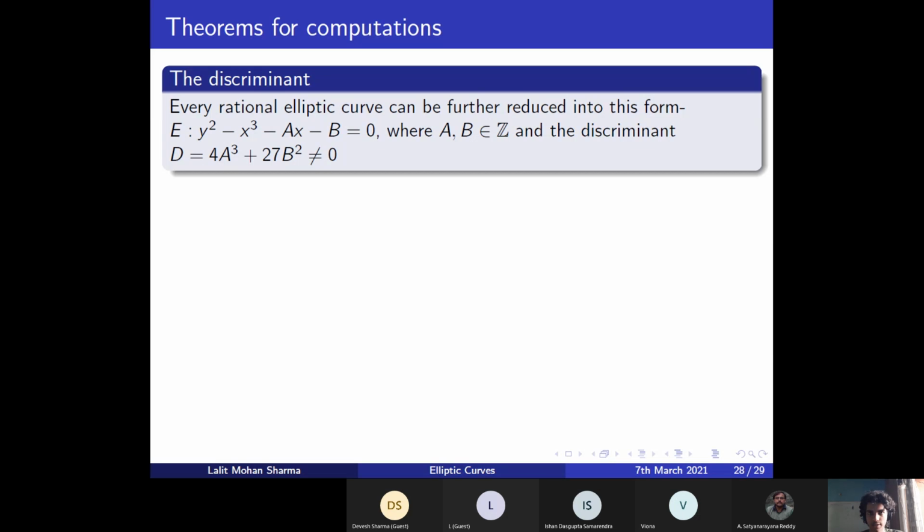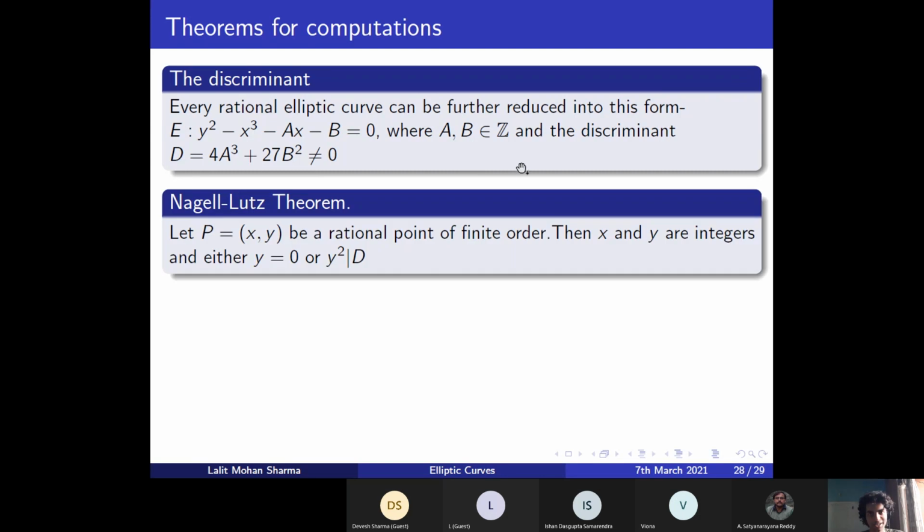It turns out that if a curve has no singular points, then the discriminant, which is a different discriminant from the quadratic equation, 4a cubed plus 27b squared, is non-zero. I'll be going really quick because these are all things that we're not going to prove. You will need this when you want to do computations.